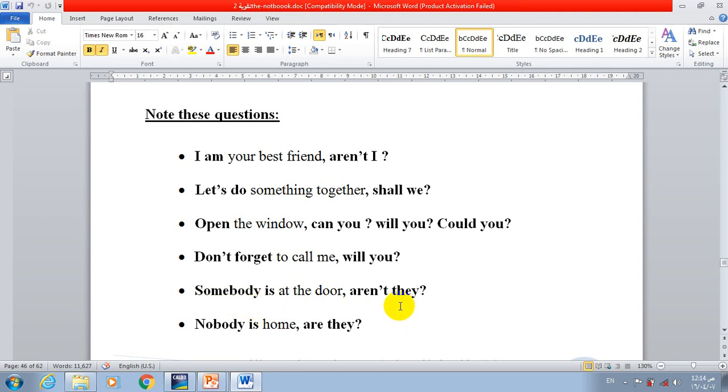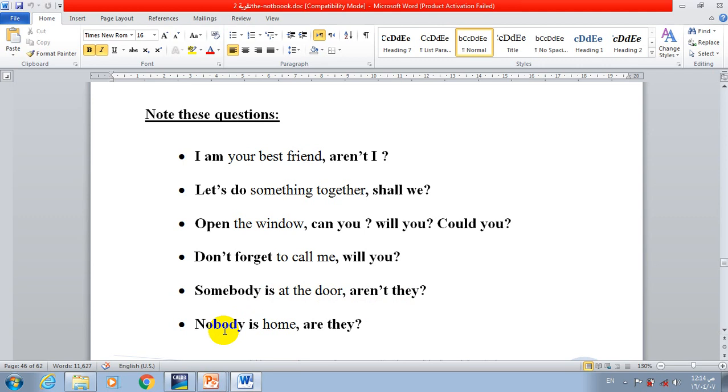So we must use the helping verb in plural, like you see, they take the verb to be are. But we must put it in negative and it becomes, like you see, aren't they? Somebody is at the door, aren't they?